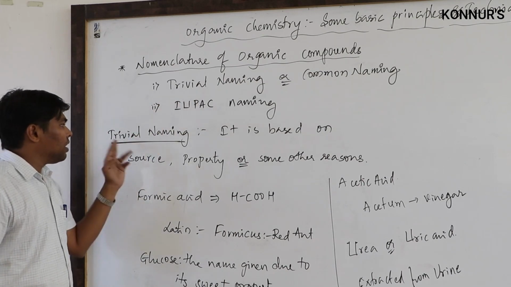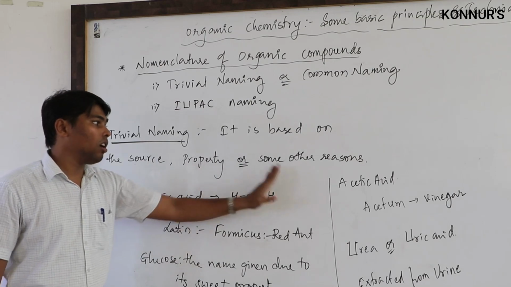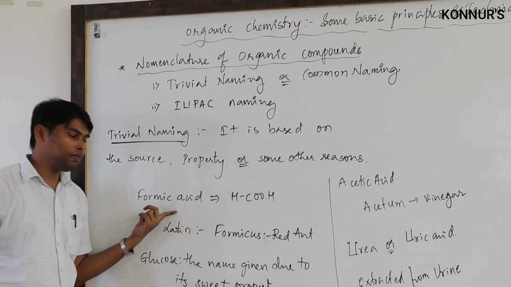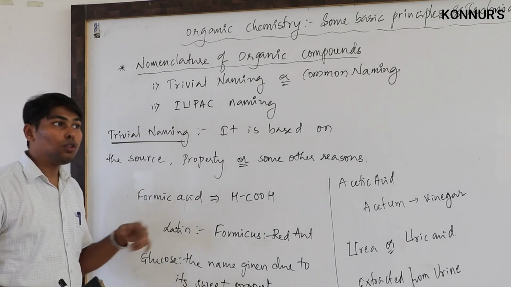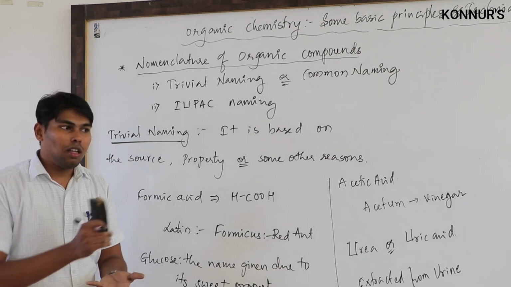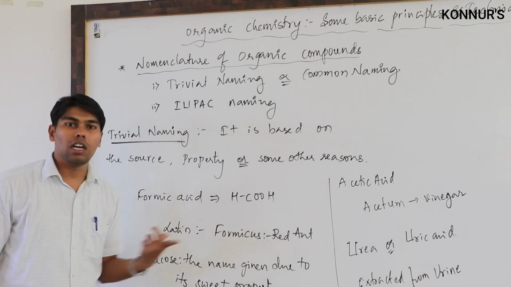So first of all, trivial naming. It is based on the source, property or some other reasons. I will tell you the examples. Formic acid. In ancient days, this formic acid used to be extracted by crushing the red ants. What happens after crushing the red ants? One liquid comes out.